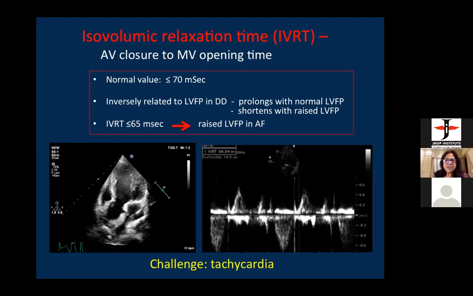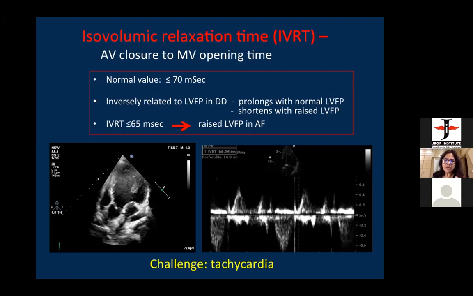Normally there is active myocardial relaxation and the LV pressure falls quickly. As soon as the LV pressure falls and goes below the LA pressure, the mitral valve opens.